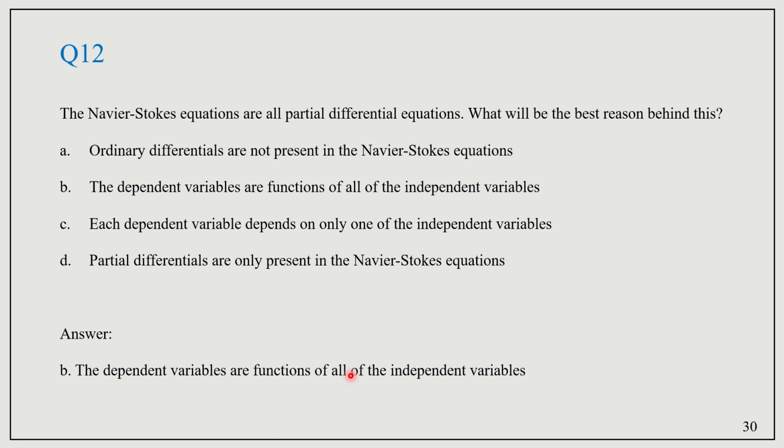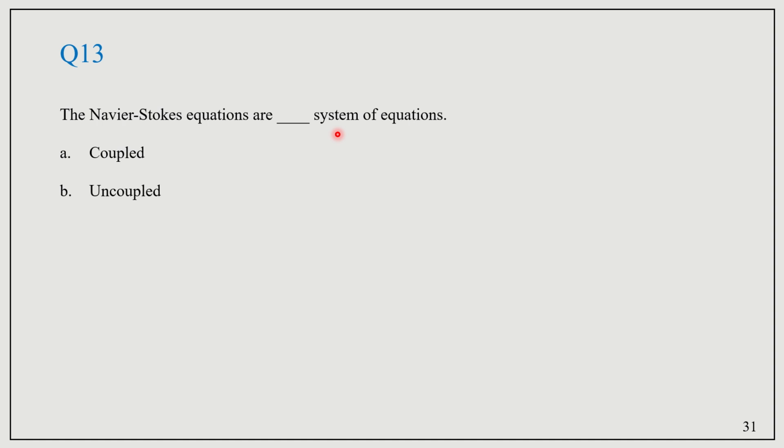Now we'll go to question 13. Navier-Stokes equations are dash system of equations. Option A, coupled. Option B, uncoupled equation.